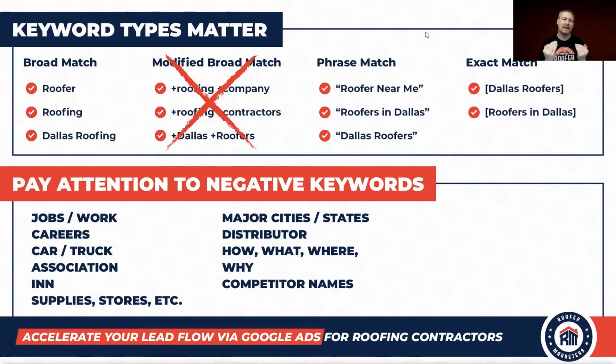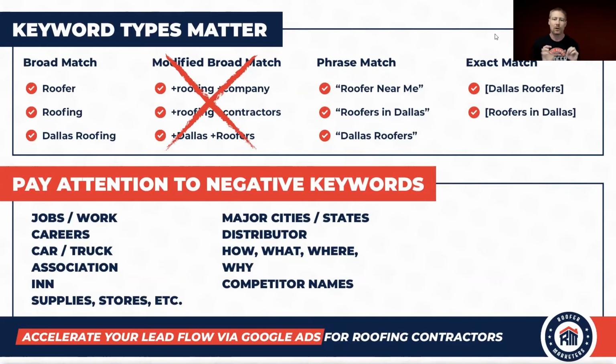What you have to pay attention to when you go into phrase match and broad match are negative keywords. Negative keywords tell Google what you don't want your ads to show up for. For example, jobs, work, careers.